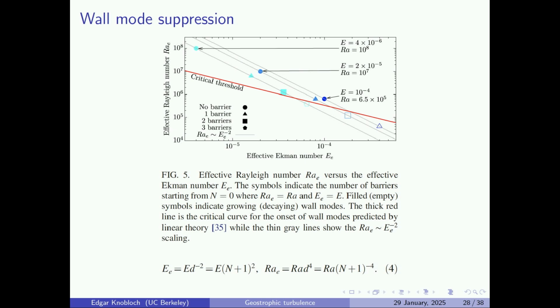Then the symbols indicate no barrier, one barrier, two barriers, etc. And you can see that below here, of course, you don't need barriers. There are no wall modes, nothing happens. But above here, the different numbers of barriers scale on these curves, and these curves are defined by this relation.